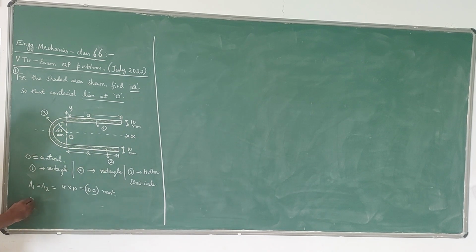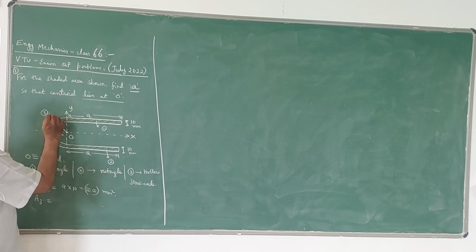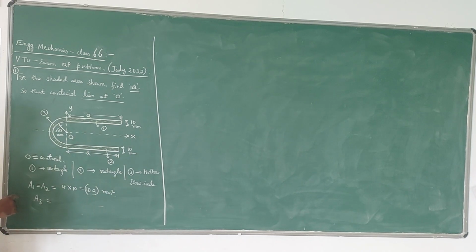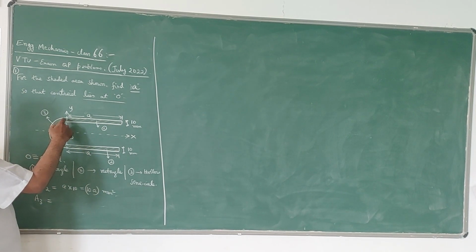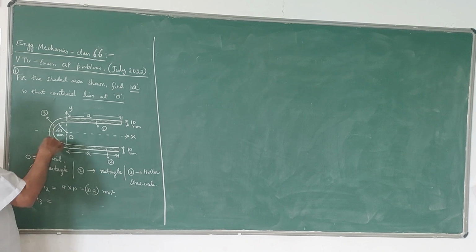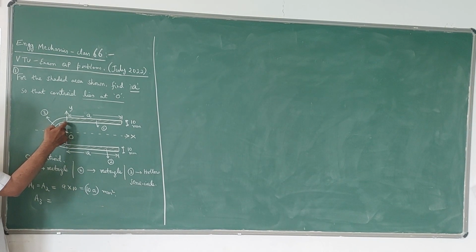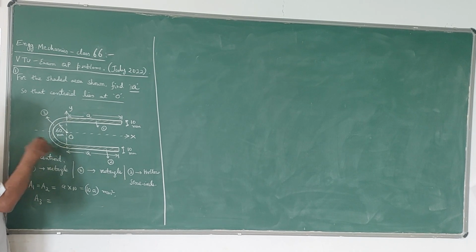Now the area of the third portion, I will take it as A3. So this is A3, this is A1, this is A2. Now A3 is the area of this hollow semicircular section, which is obtained by subtracting the area of this small semicircle from the area of the bigger semicircle.